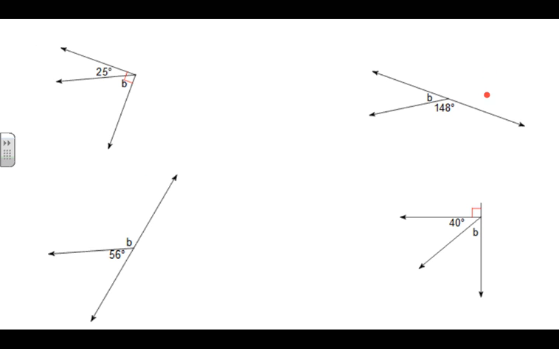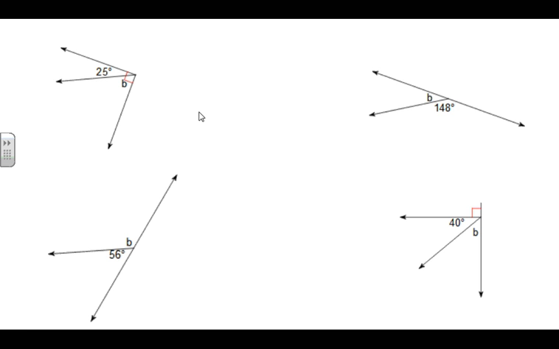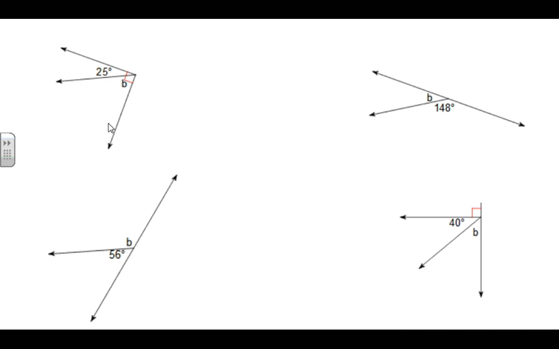Okay, let's move on. All right, let's practice a couple real quick. So we've got some complementary angles and we've got some straight angles here. All right, this is the last one. So this is a pair of complementary angles. We know that they add up to form a 90-degree angle because we have one.